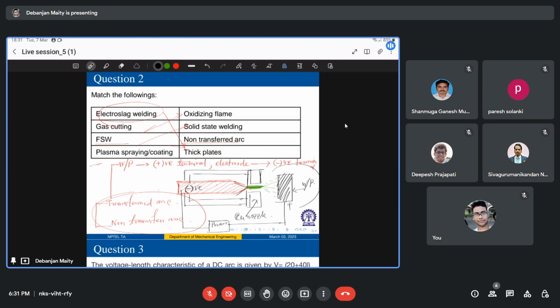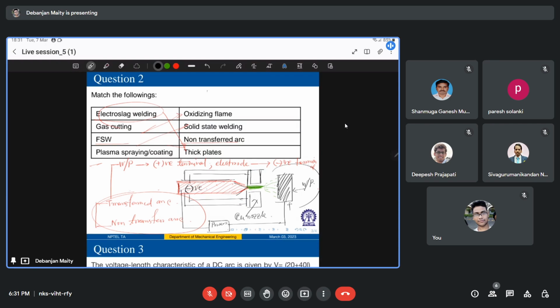And this plasma forming gas that is pumped into this gas chamber comes out through the small nozzle opening surrounding this electrode arc. So that's how it happens in plasma arc or plasma spraying, whatever we are talking about.